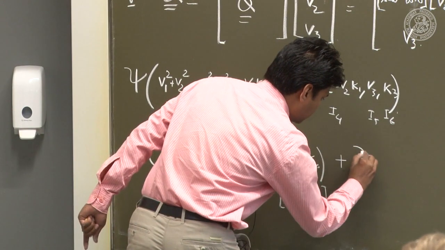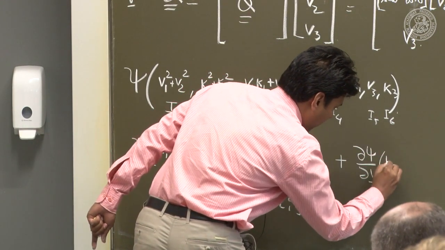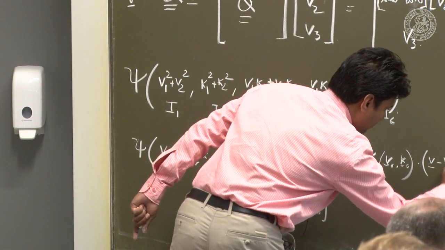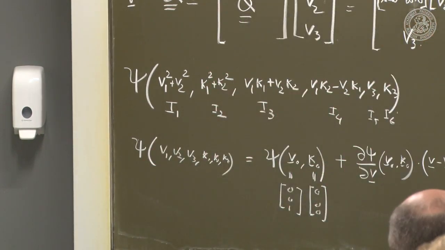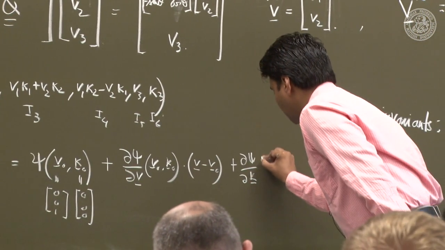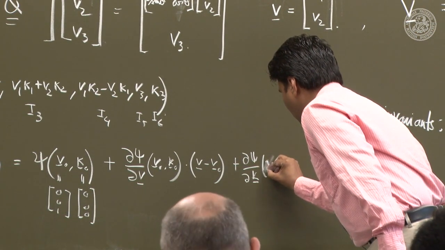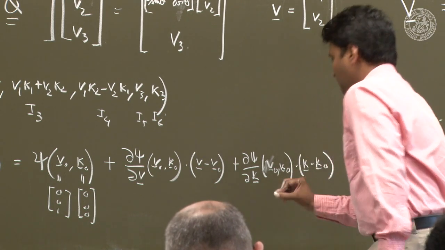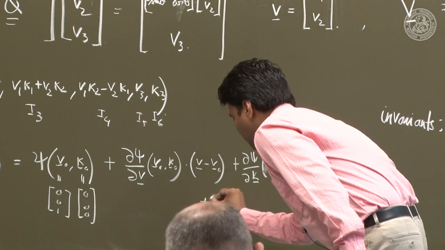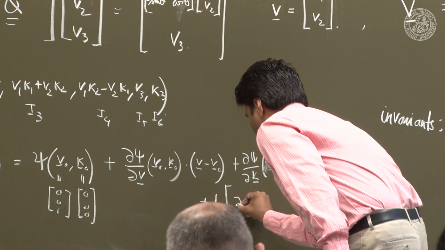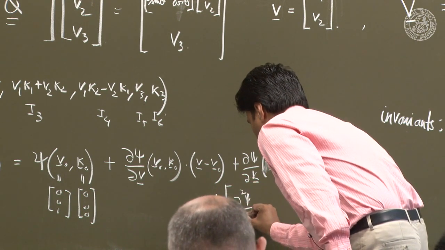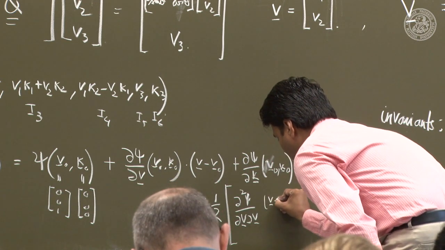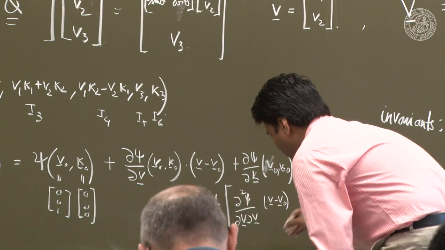And then you can write this plus del psi over del V at V0 comma K0 dot V minus V0, plus del psi over del K at V0 comma K0 dot K minus K0, plus the quadratic term, half of del 2 psi over del V at the reference state times V minus V0, and then you take another dot.